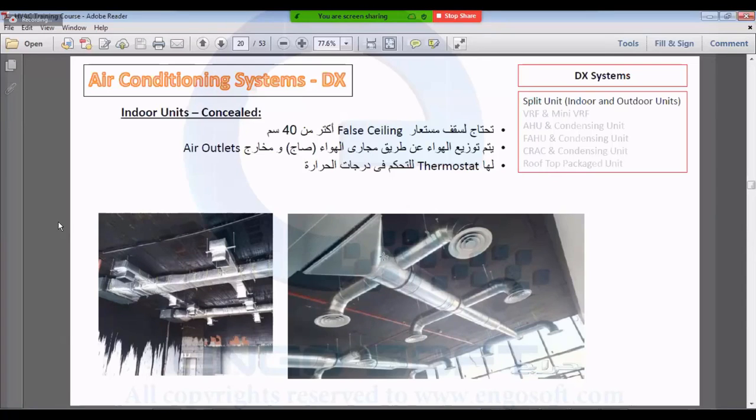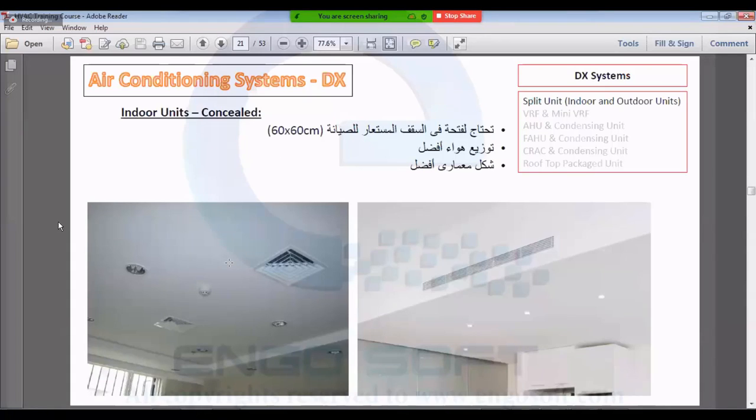This is the unit, this is the duct, and this is the outlet. It needs about 40 centimeters in the ceiling. This is a ducted split unit. It needs outlets and air ducts, and it has a thermostat.